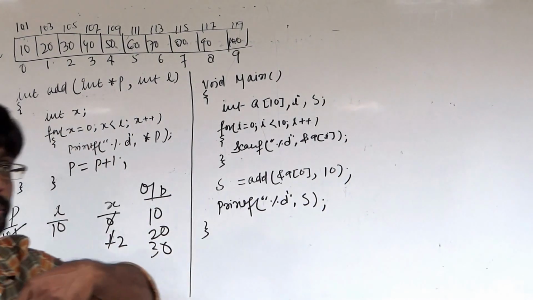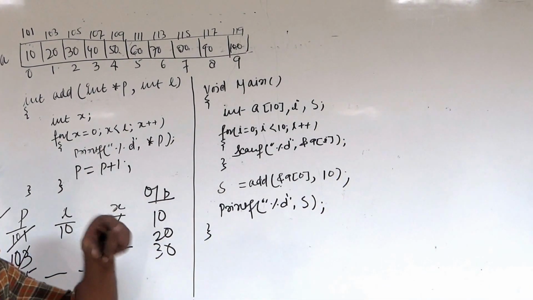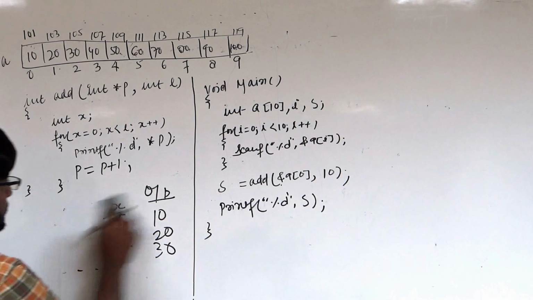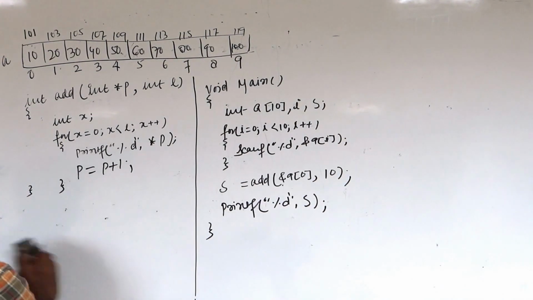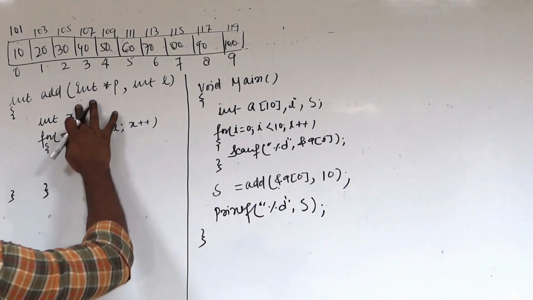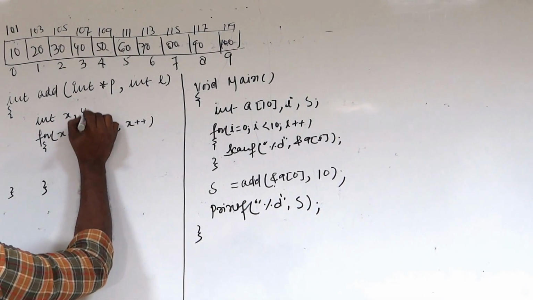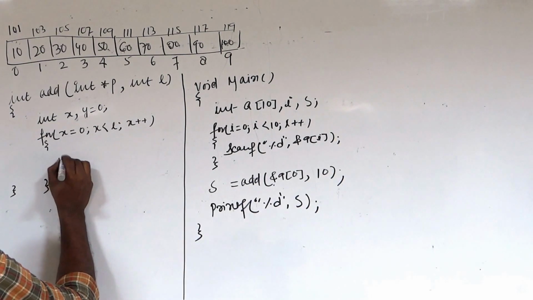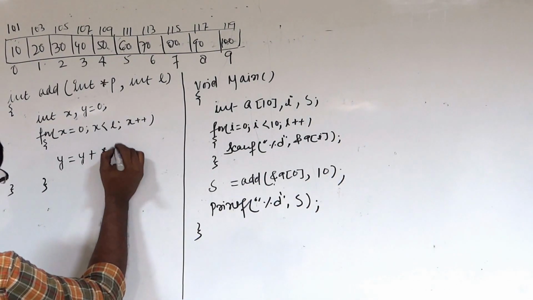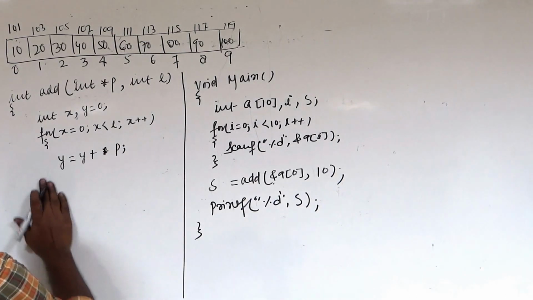But what do we need to do? We need to add the values of all the numbers. For that, what will we write? Instead of printing, we will take a variable, suppose y equal to 0, and here we can write y equal to y plus *p.